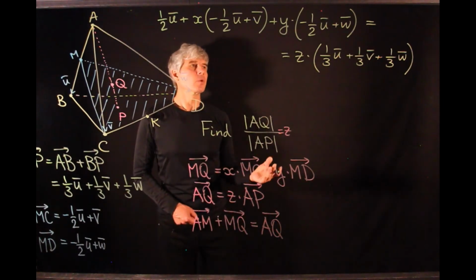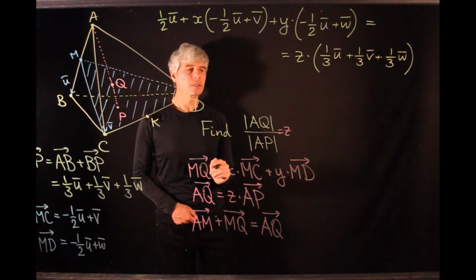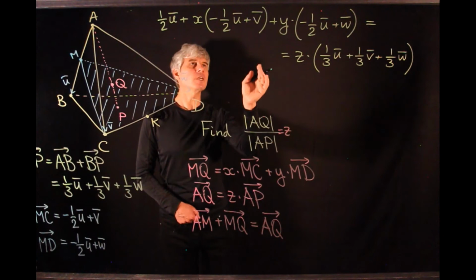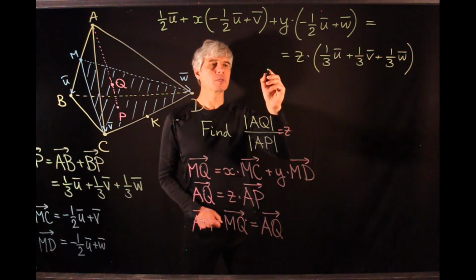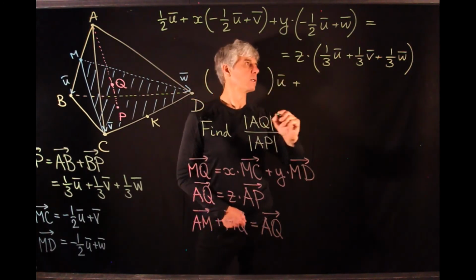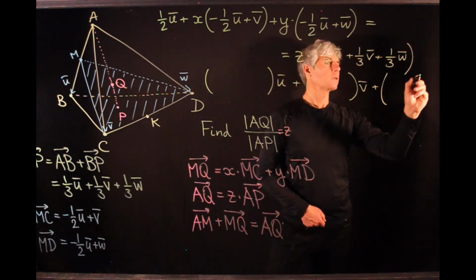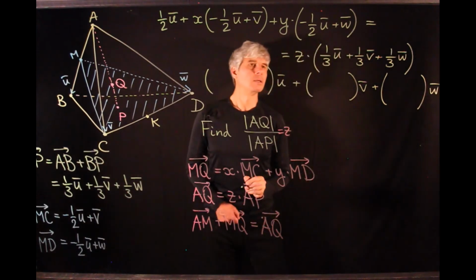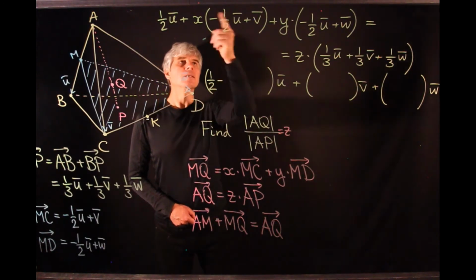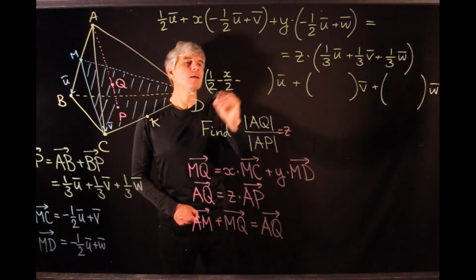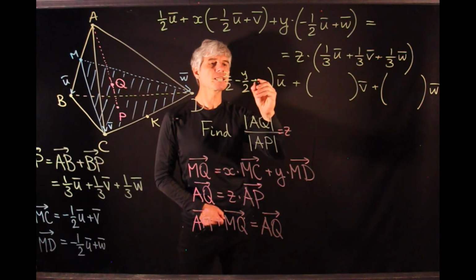In our next step, we're going to move the right-hand side to the left, and we're going to combine all terms with U, with V, and with W. So we'll have the terms with U plus the terms with V plus the terms with W. So for U, we have 1/2 minus, so here we have X over 2 minus Y over 2, and here we'll have minus Z over 3.